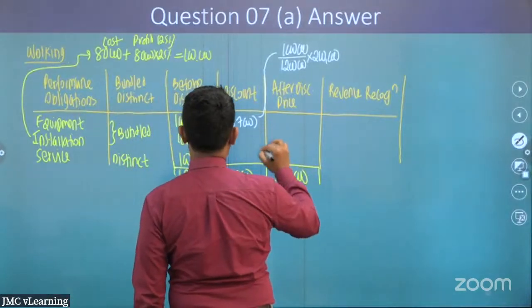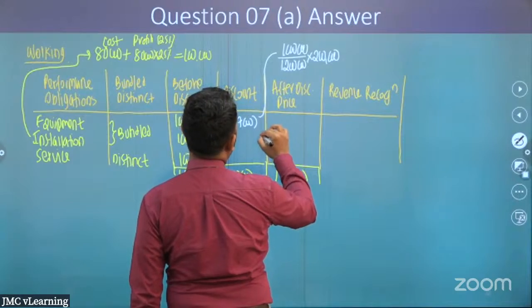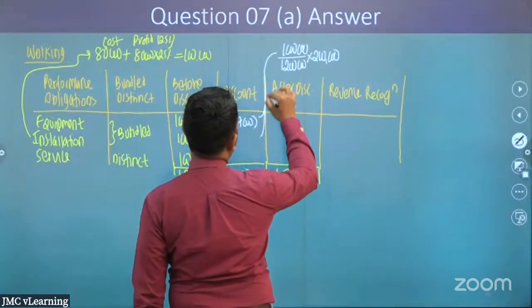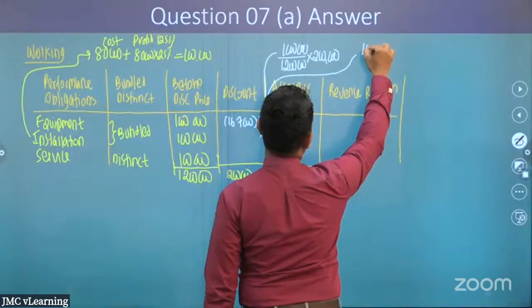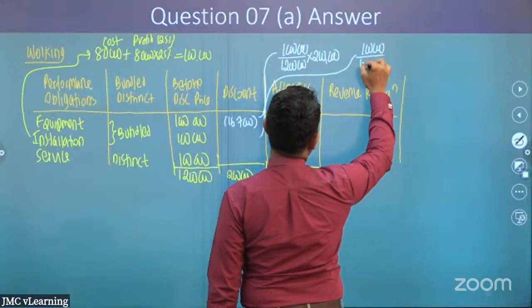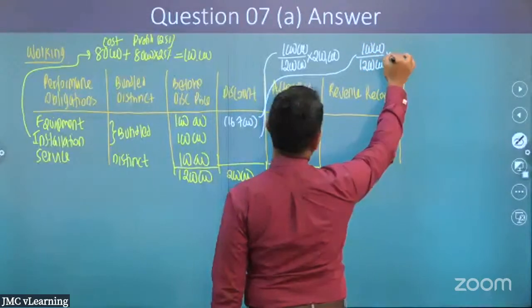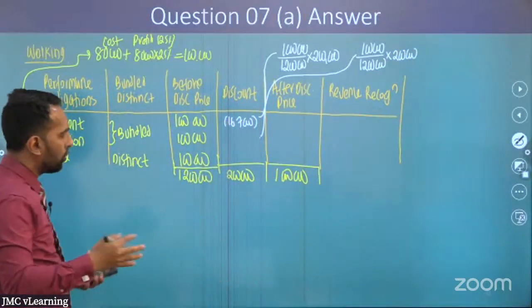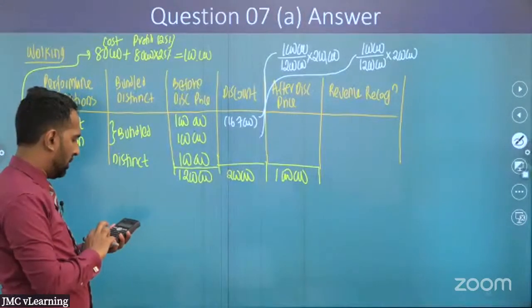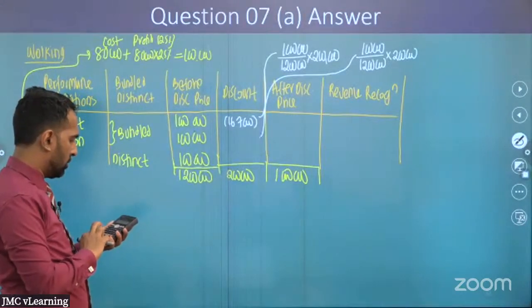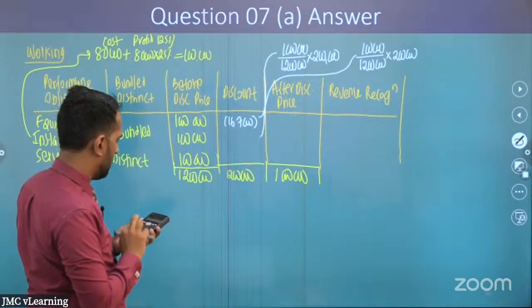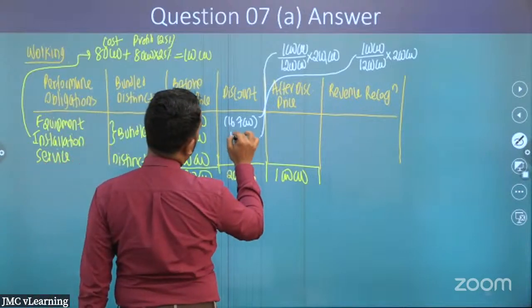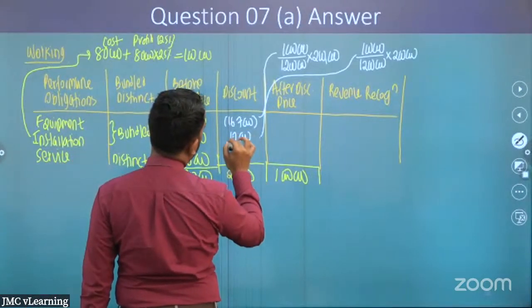This one here, this 100,000. What is the answer? I'll put it here. 100,000 divided by 1.2 million, that into discount. That is how we allocate the discount based on the relative values. 100 divided by 1200 into 200, you will be getting 16,000 more. Let me put that as 17,000.